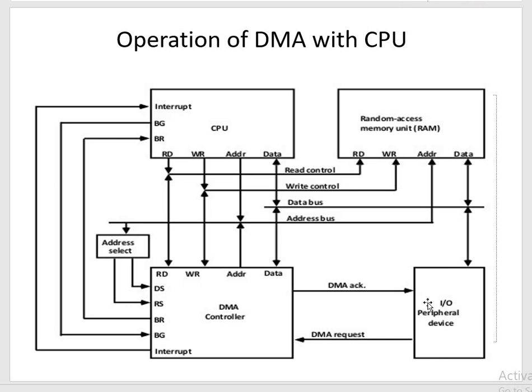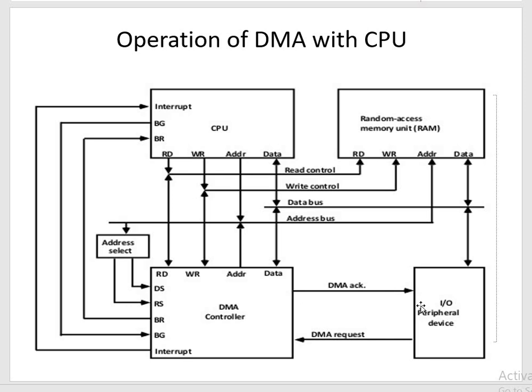What will be the normal interfacing diagram of the CPU? The CPU will normally be directly interfaced with the memory, and can also be interfaced with the IO through interrupt and polling as well. But now we are discussing the third method, DMA.